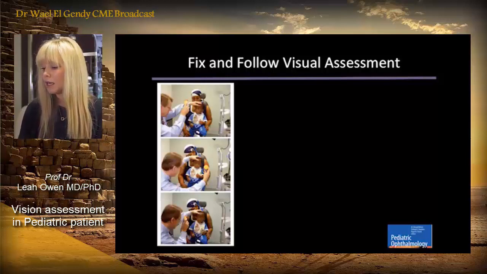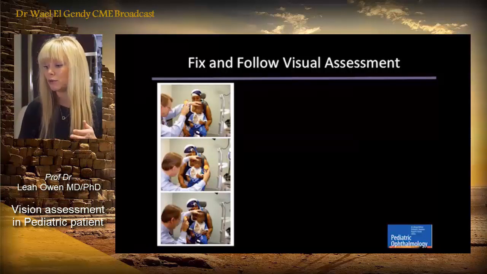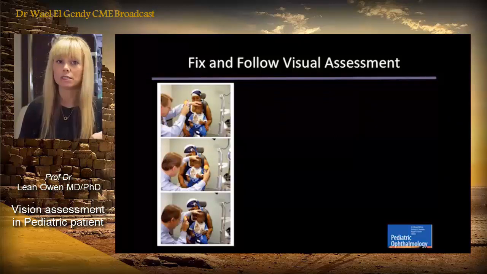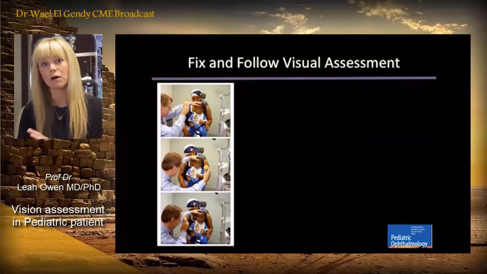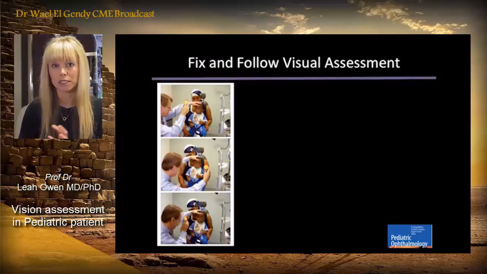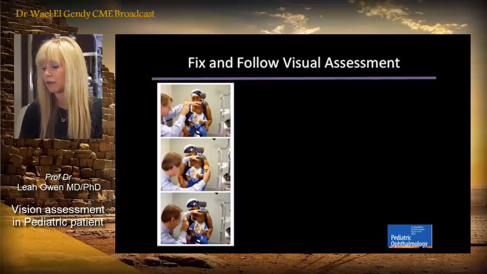So you can see this child just naturally wants to look at a toy. We use that to move the toy around, see how the child's eyes move, to see if they move conjugately in all directions of gaze, and to see if the child can continue to maintain fixation on that toy throughout the testing.